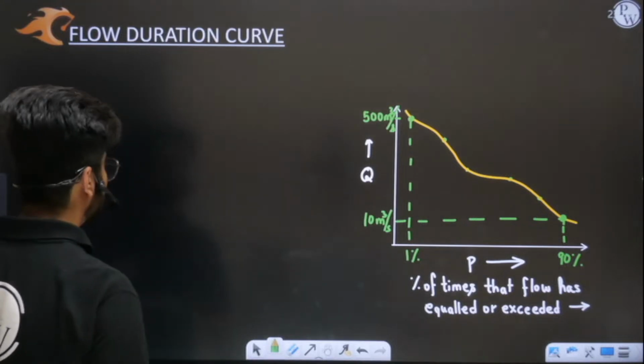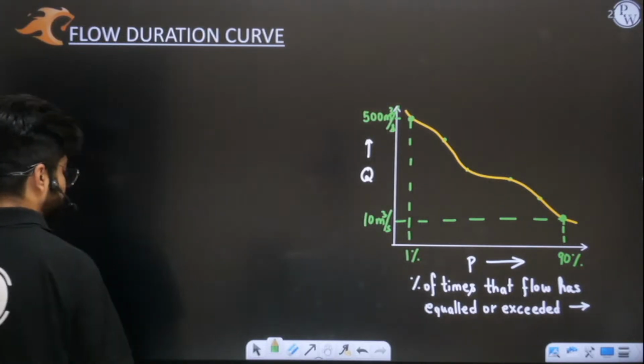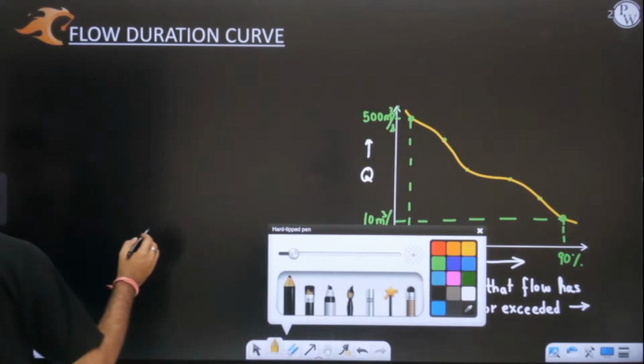So this is your flow duration curve. Have you understood this thing?